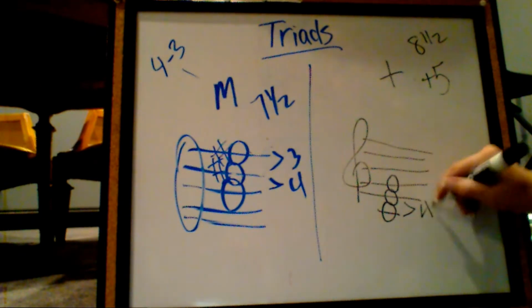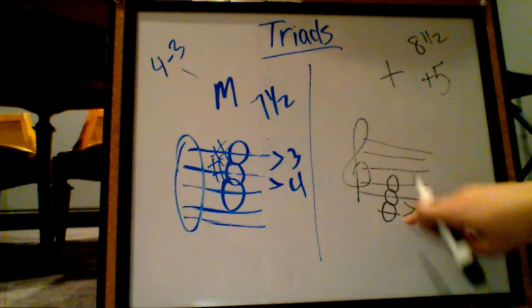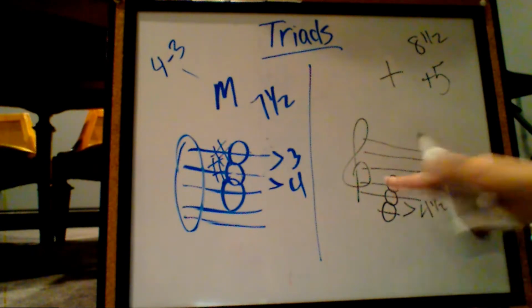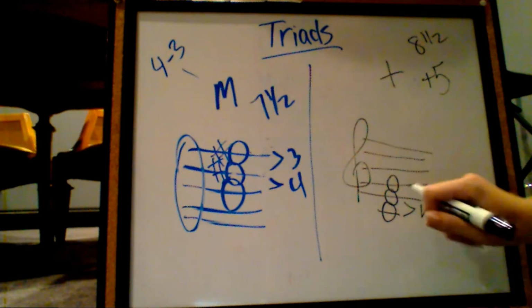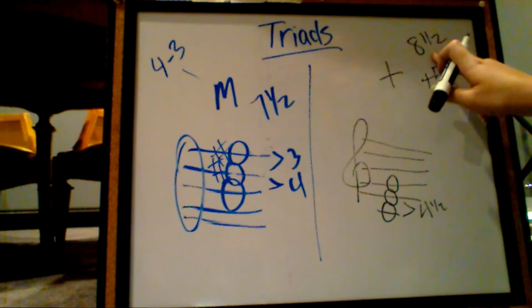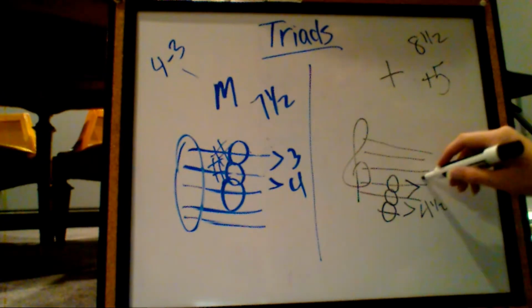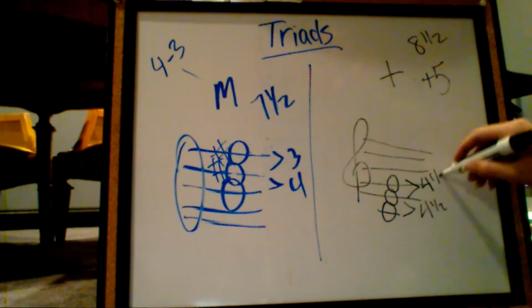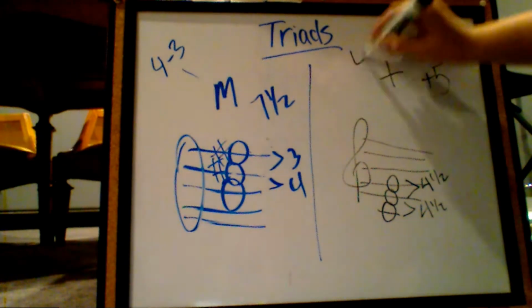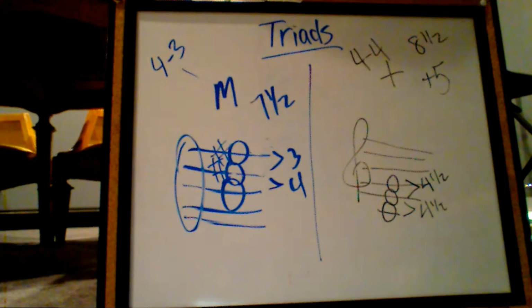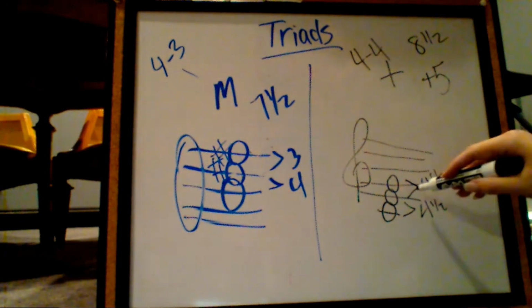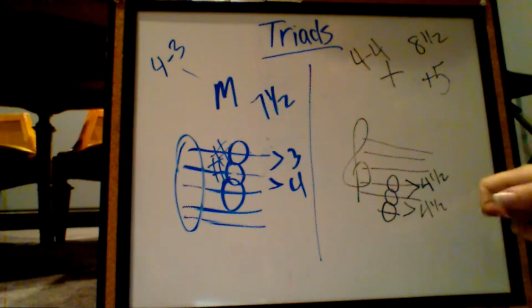It has 4 half steps between the first note and the second note. However, the difference is because it has to add up to 8 half steps instead of 7, here, instead of being 3 half steps, it's actually 4 again. So up here, we're just going to write 4, 4. And this gives you that extra little half step at the end to make it augmented.